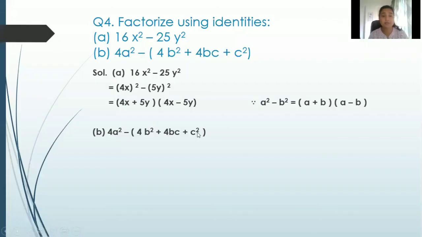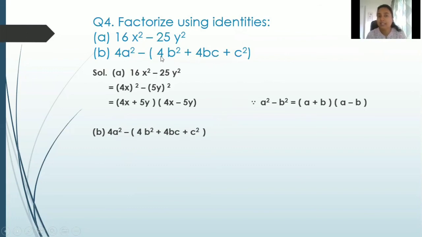Now understand the second part. 4a square minus 4ab plus 4bc plus c square. Okay, how do we factorize this expression? Look at this, the second term.